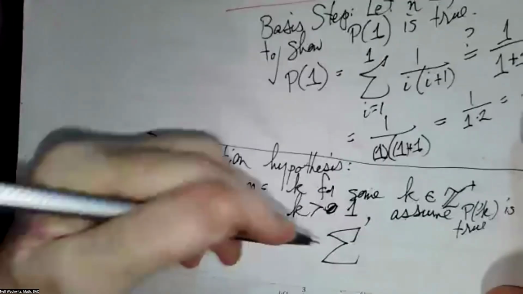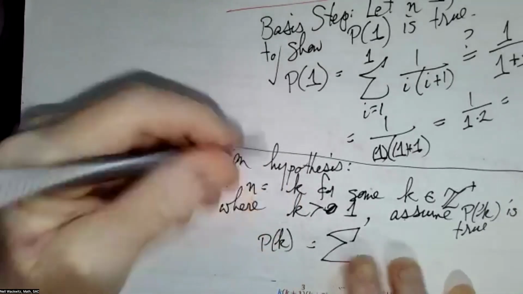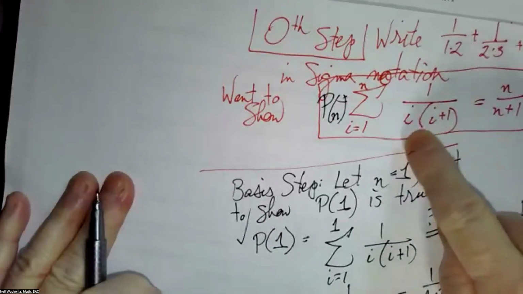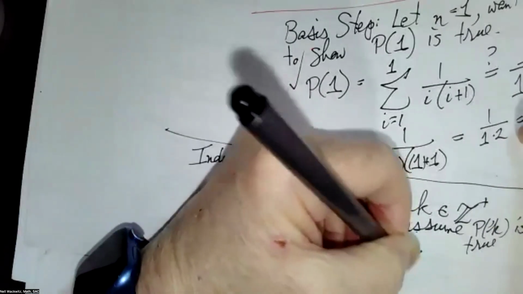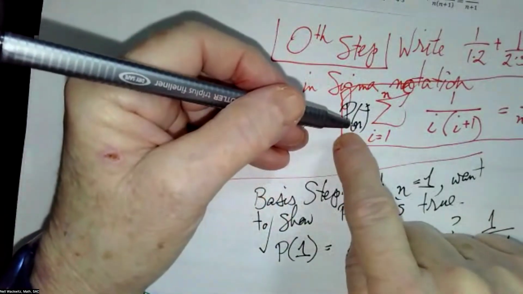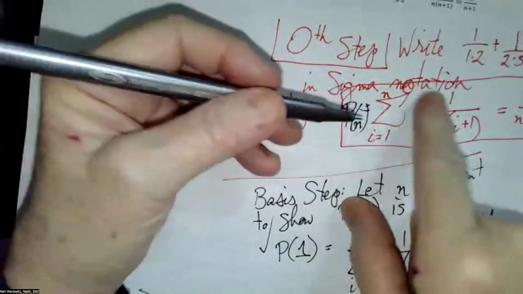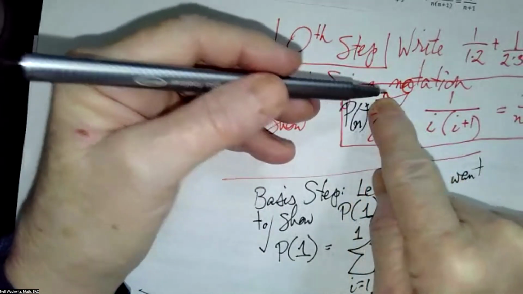And P of k, let's see, we've got 1 over i times i plus 1. That's not going to change. The only things that will change are the things with n's. So this summation is going to go from i equals 1 up to k.